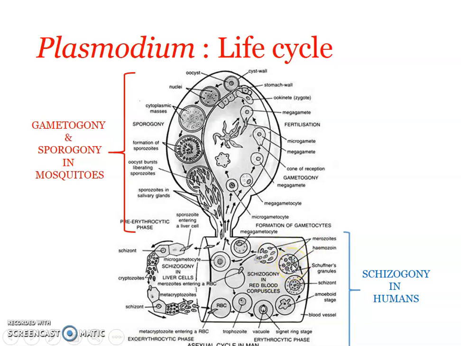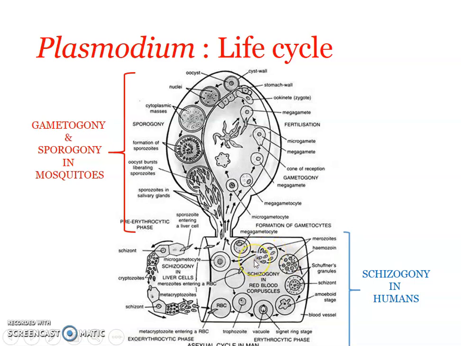Okay. Now the hemozoin granules, here you can see the hemozoin granules, they get gathered at the center. Okay. This is followed by the rupture of RBC and the release of merozoites into the blood plasma. So the RBCs get ruptured, and all these merozoites which were confined within the RBC get liberated into the blood plasma.